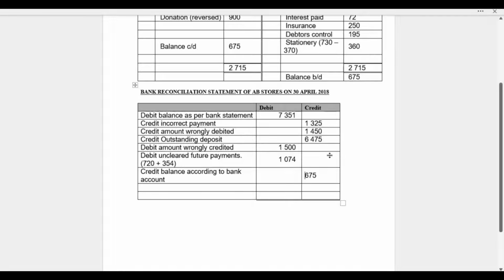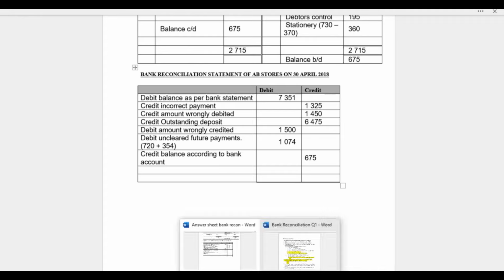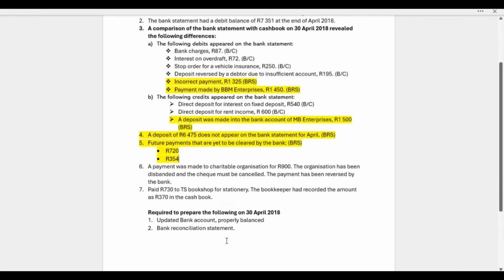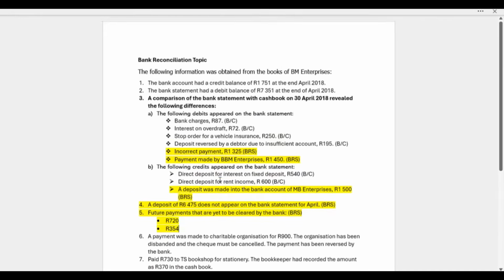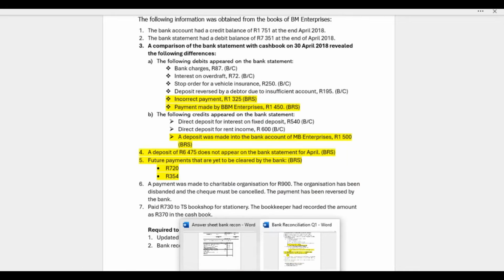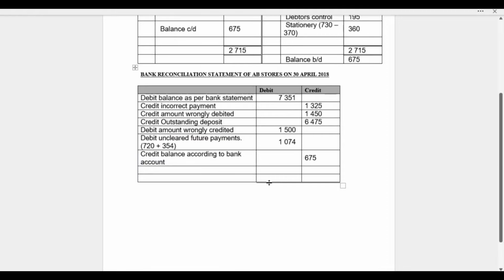And then we can double check if there's any other transaction that we left. All transactions are sorted. Therefore, let's see if our bank reconciliation is going to balance. Let's start by adding the debit side. The sum of the debit side is going to be 7,351 plus 1,500 plus 1,074.